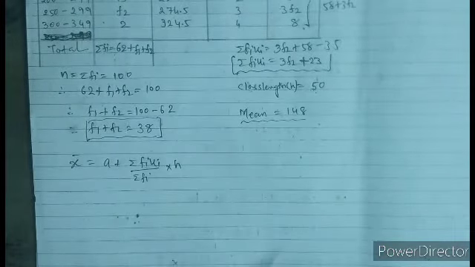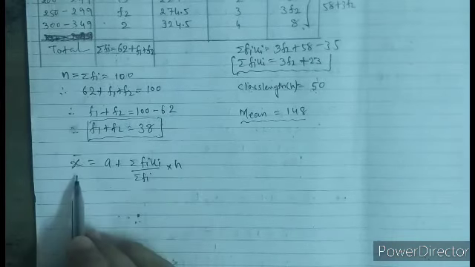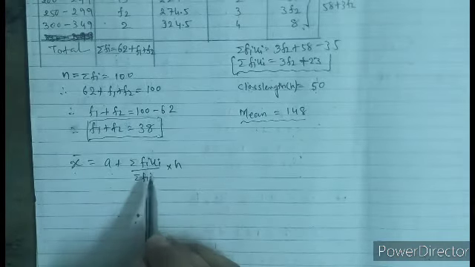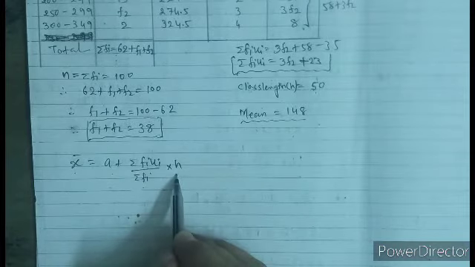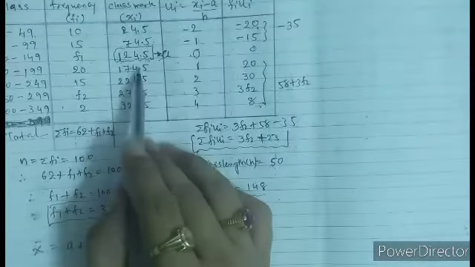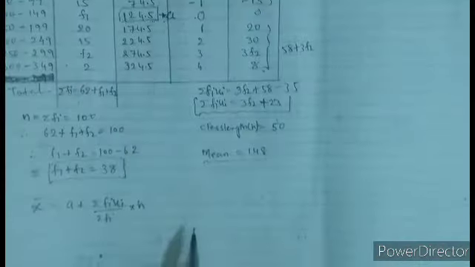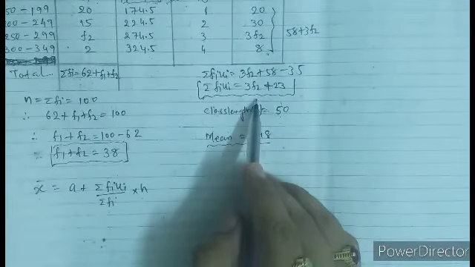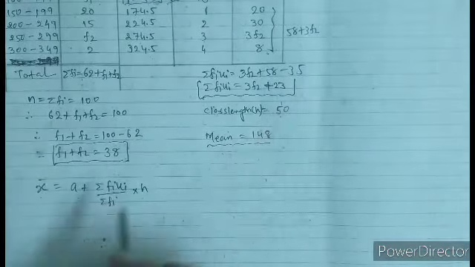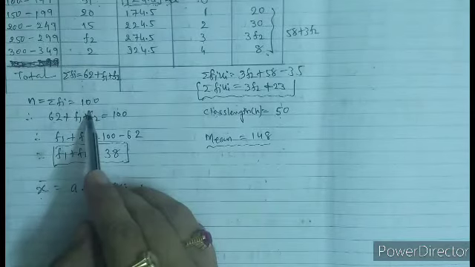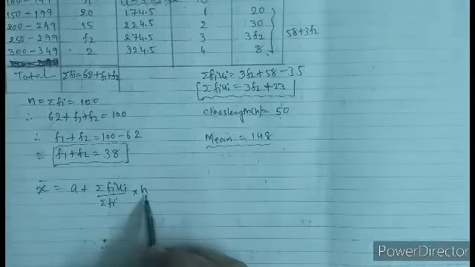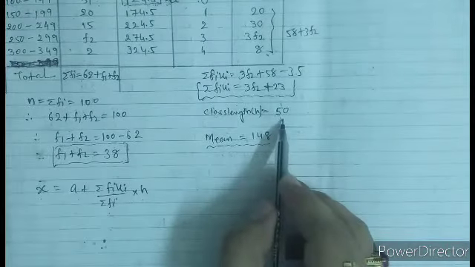Now we will use the step deviation method. The formula is x bar equals A plus sigma FiUi upon sigma Fi, into H. Here A is 124.5. Sigma FiUi we have obtained as 3F2 plus 23. Sigma Fi is given, total number of observations 100, and H we have obtained as class length 50.